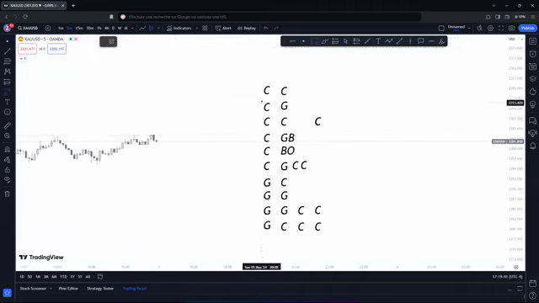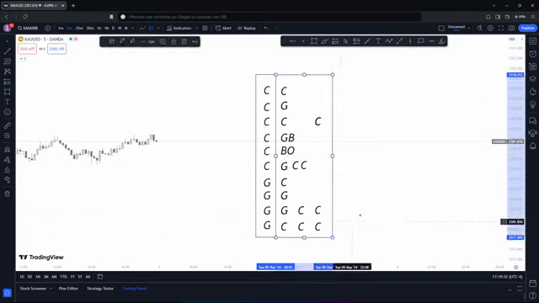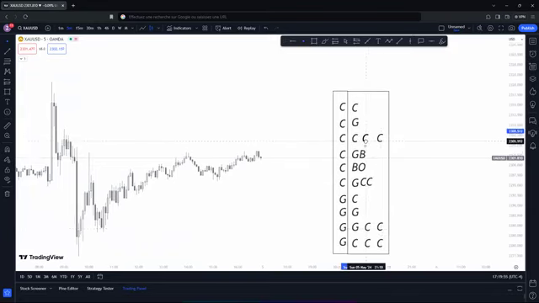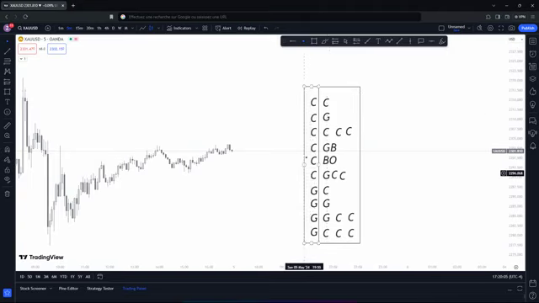Okay, so I'm going to split that in two. Here, this will be on the first time frame. By the way, the CC, or the confirmation candle, cannot be used on the first time frame that you're marking the level on.